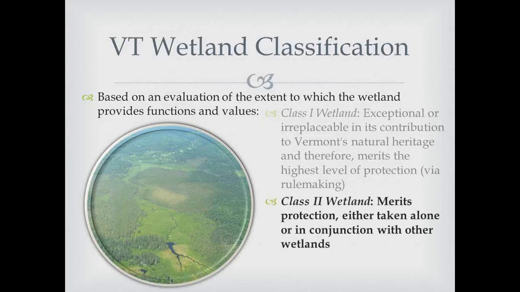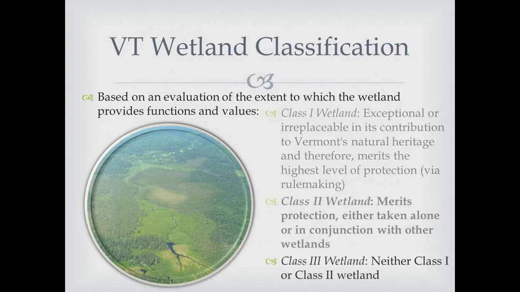So the meat and potatoes of really what we're doing in terms of protection lie within the Class 2 wetlands. You only have to have one function to be significant enough to be protected using the Vermont wetland rules. And we look at these wetlands not only on their own, but also in conjunction with other wetlands, and a lot of this is based on their position in the landscape as well.